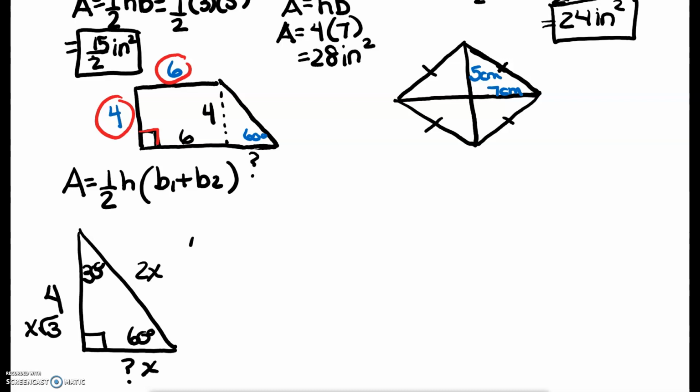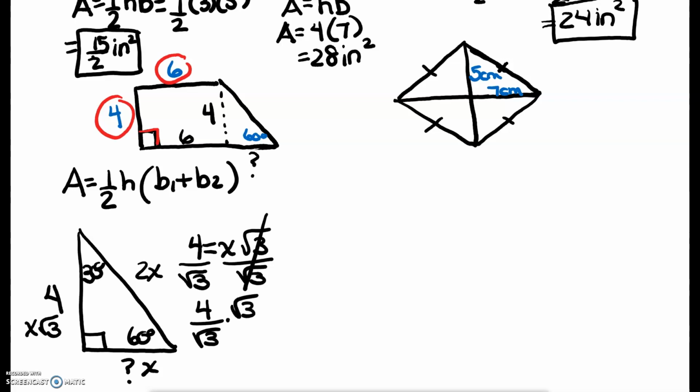So I'm going to set 4 equal to x radical 3, and then I'm going to divide by radical 3 to solve for x. And I also have to rationalize, so 4 over radical 3 times radical 3 over radical 3 equals 4 radical 3 over 3. This is my missing piece right here.